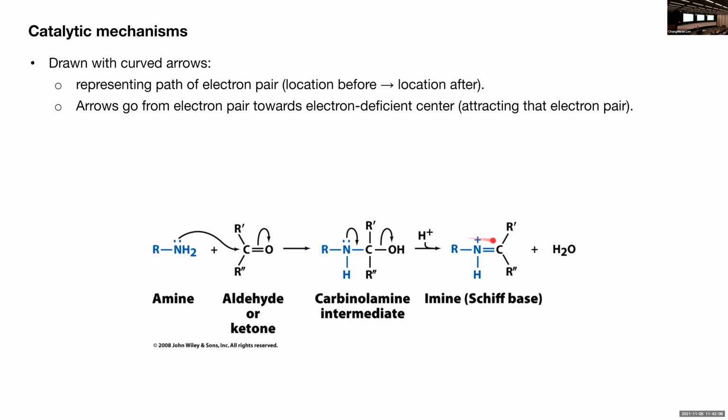And then it forms the double bonds and so on, showing how the electron pair is formed, or how the electrons flow. And these arrows basically go from the electron sources to the electron-deficient center, which attracts the electron pair.